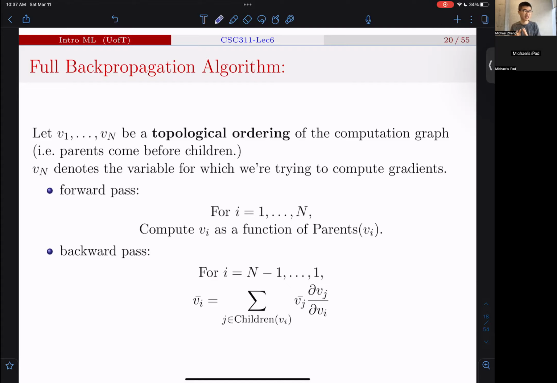The backward pass is you're just going to reverse all the directions of the arrows and then go in the opposite order you arrived at the prediction. So we're going to compute each of the children nodes and go backwards through the graph, eventually getting each of our derivatives.